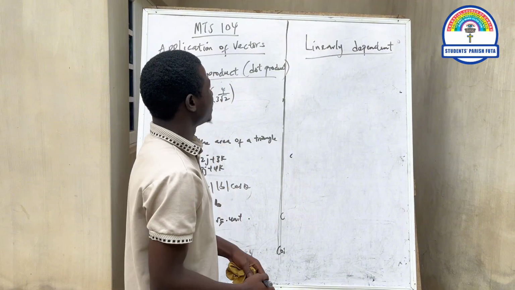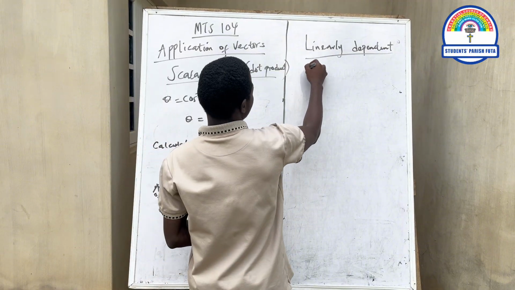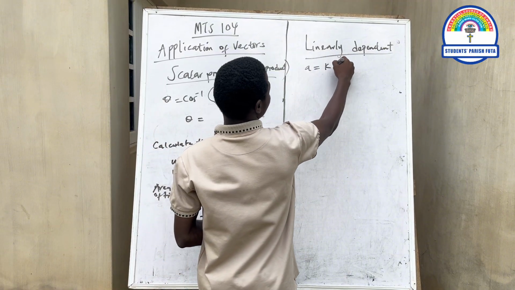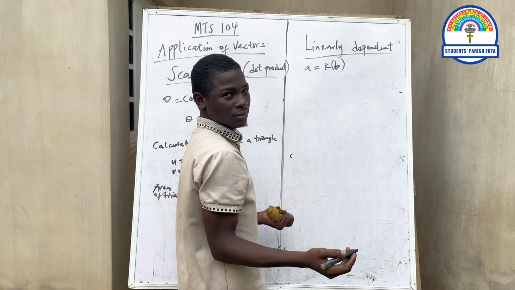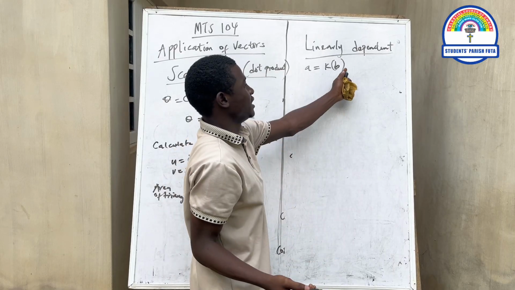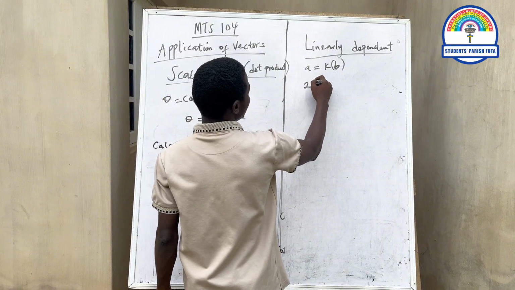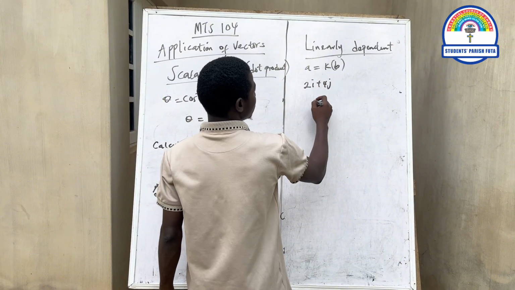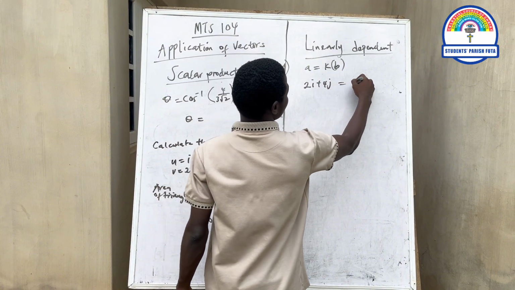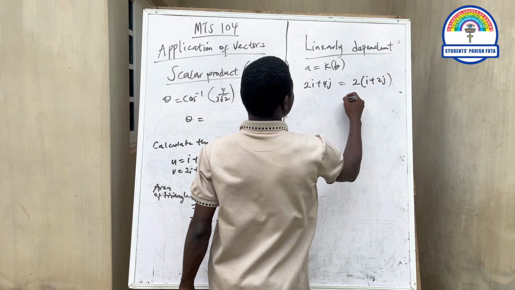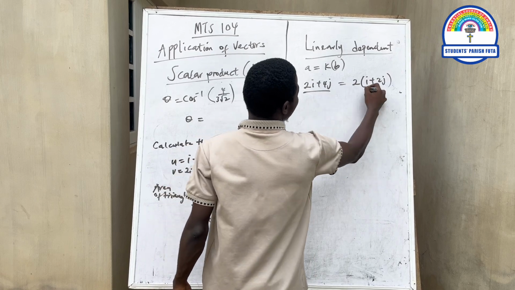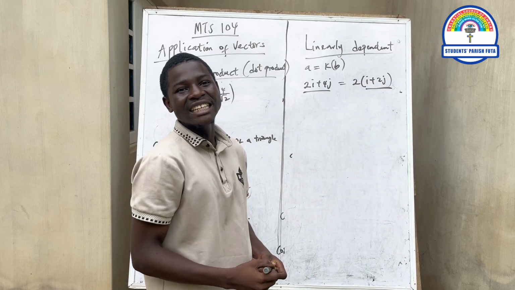It means is a vector a scalar multiple of the other one. If it is a scalar multiple of the other one, it's linearly dependent. What I'm saying is, let's say you have 2i plus 4j. You can see that this is 2 times i plus 2j. So these two vectors, 2i plus 4j and i plus 2j, are linearly dependent.